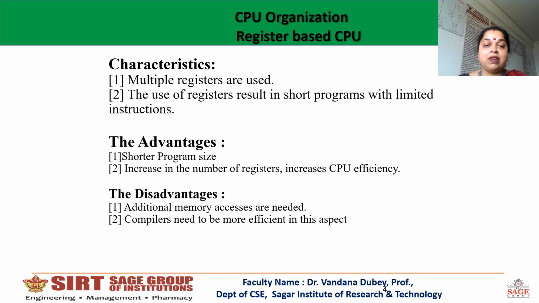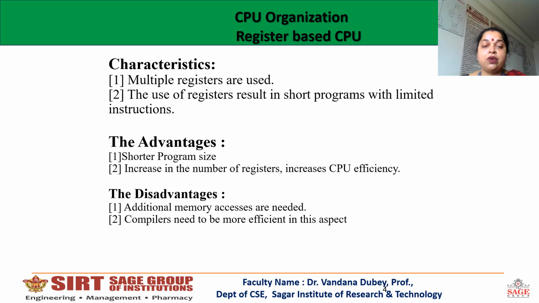Talking about the disadvantages of register-based CPU, additional memory accesses are required. Although registers improve execution speed, register spills occur when the number of registers is insufficient, forcing the CPU to save and retrieve data from memory. This can slow down the performance, particularly in systems with limited registers.